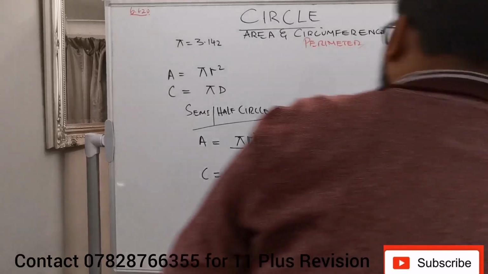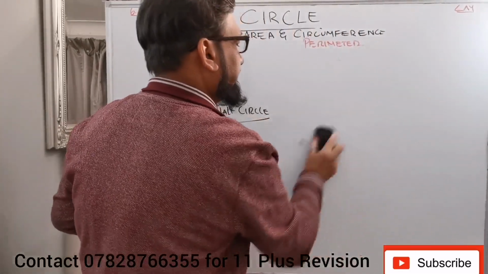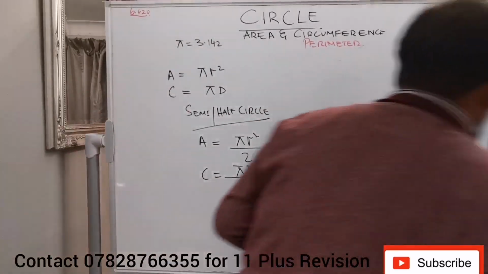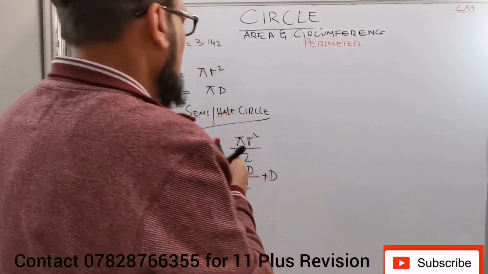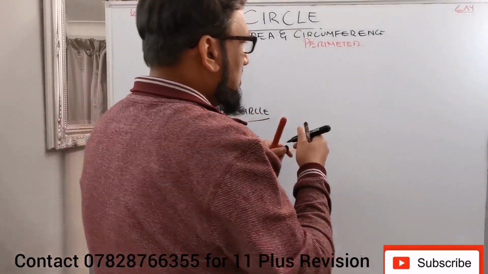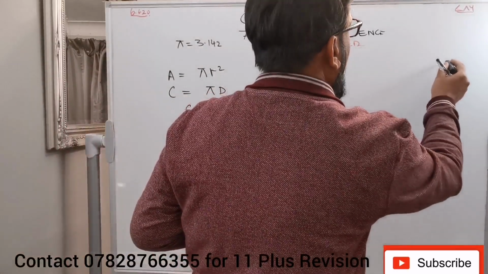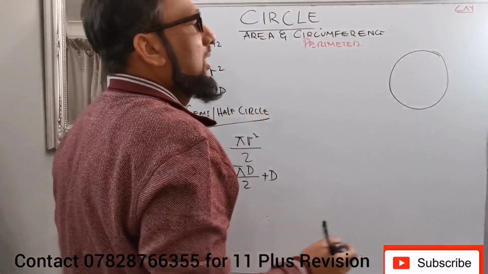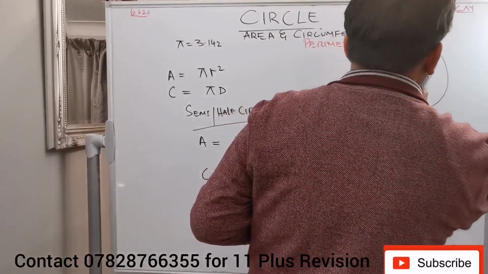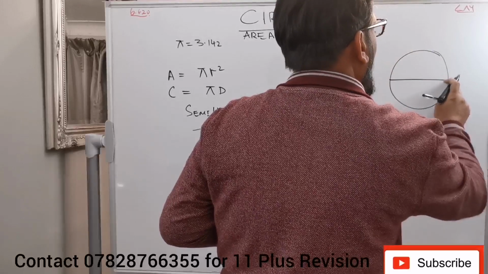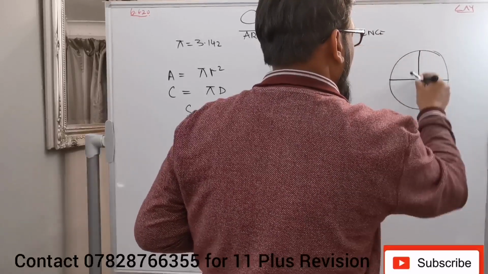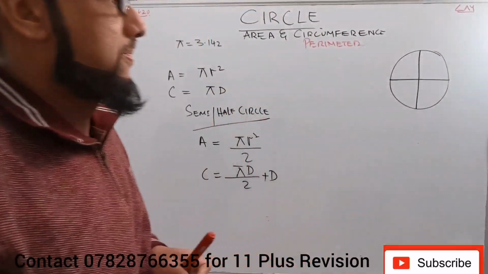And now the area of a quarter circle, okay? So there is a circle, and I just divide it into 4 parts.